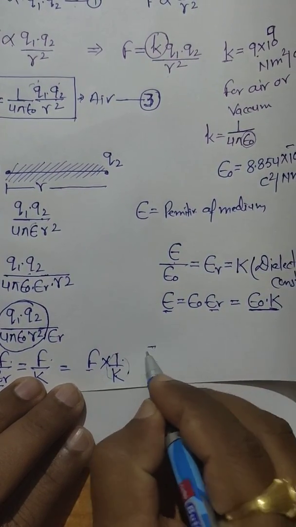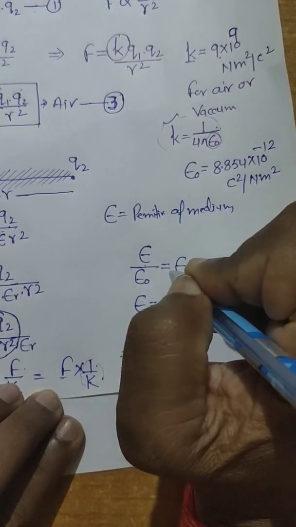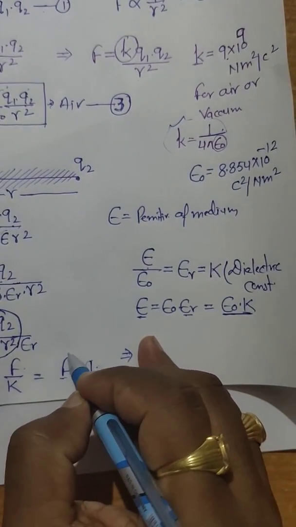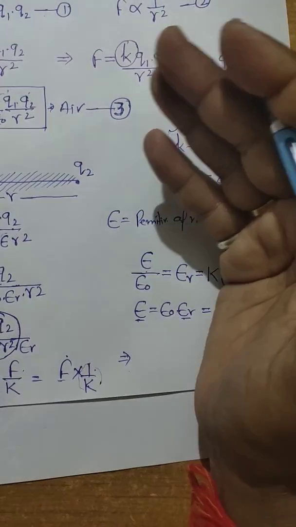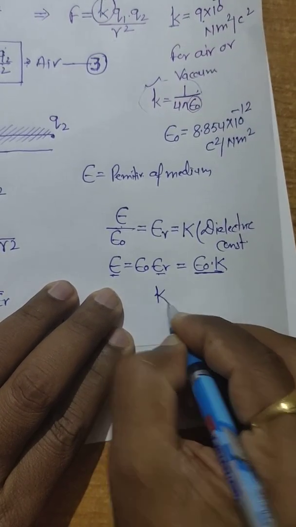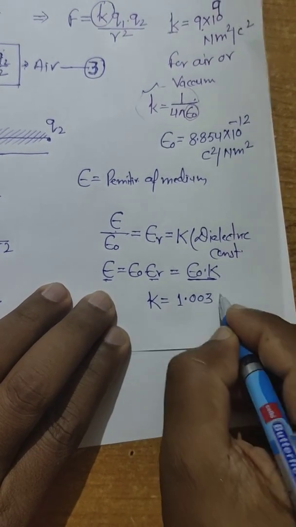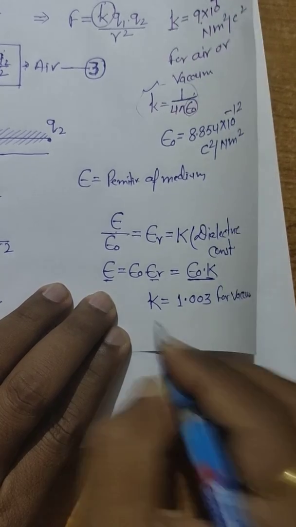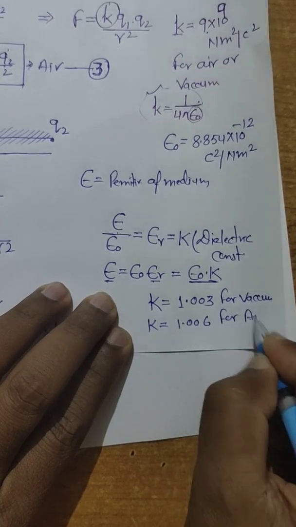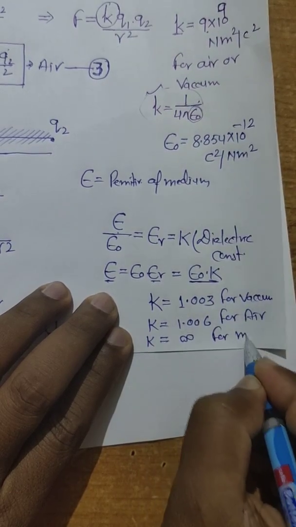The maximum force is applied between the charges in vacuum or air; when we insert a medium, the force continuously reduces. The value of capital K is approximately 1.003 for vacuum, 1.006 for air, and infinity for metal.